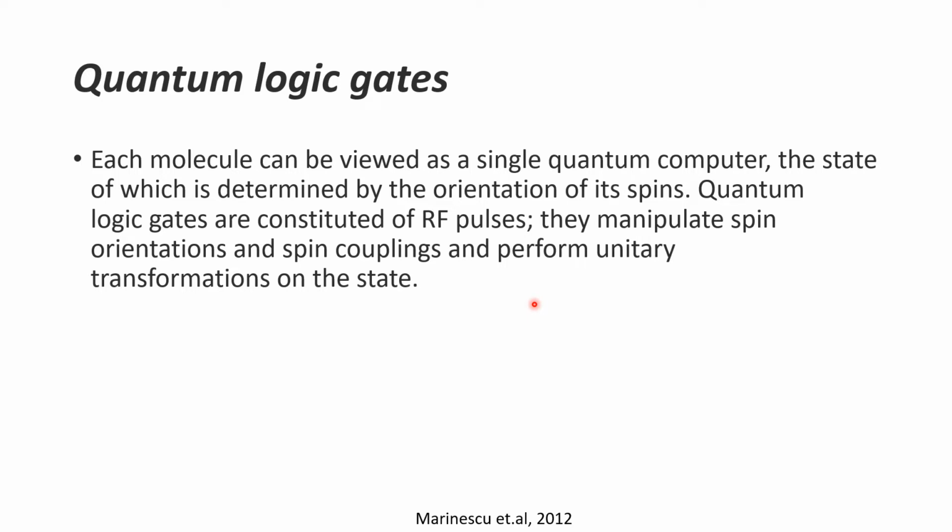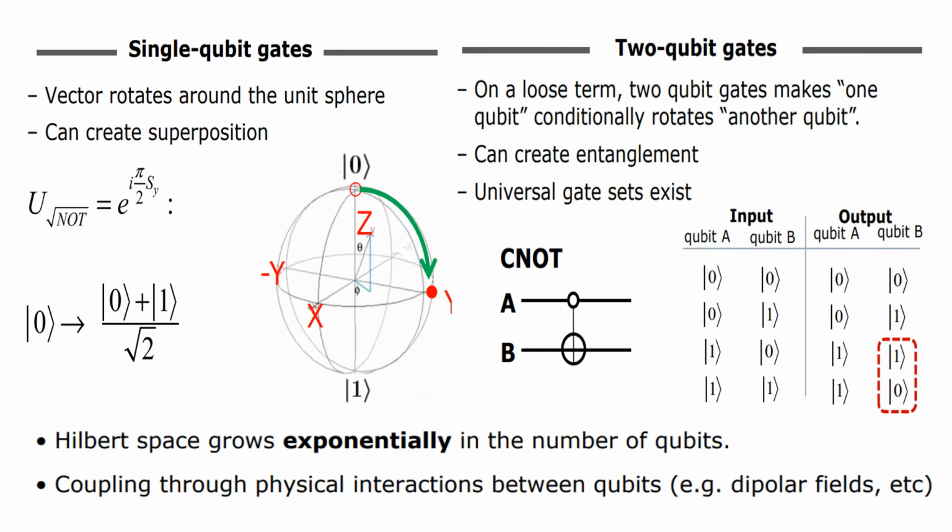We'll come to the detail of such operation later. In general, in order to form a logic quantum gate, such gates must be able to perform unitary transformations on the state, which means that the Hamiltonian matrix representing such transitions must be unitary.